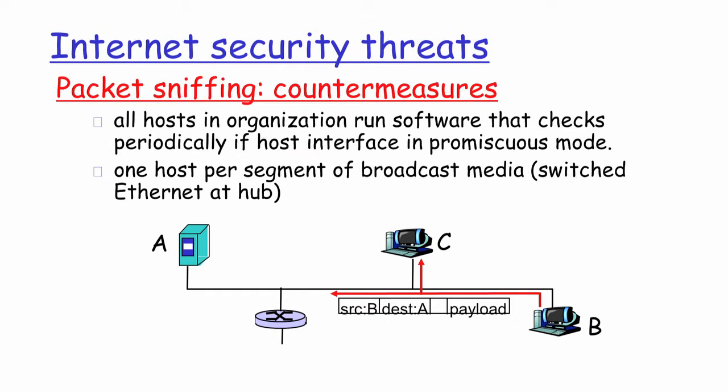So, a countermeasure an organization could take against packet sniffing is that all the hosts in the organization can run software that periodically checks if the host interface is in promiscuous mode, because only if the NIC is in promiscuous mode can the packets be sniffed. If the NIC is prevented from getting into promiscuous mode, then the risk of packets getting sniffed is completely eliminated.